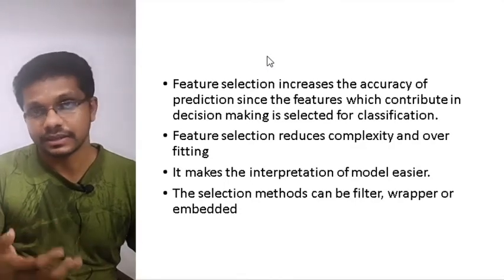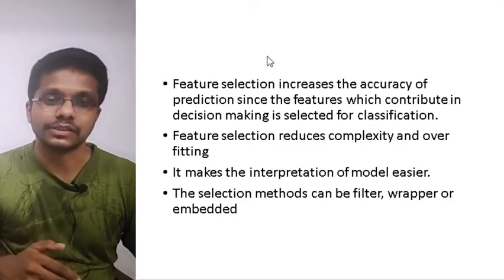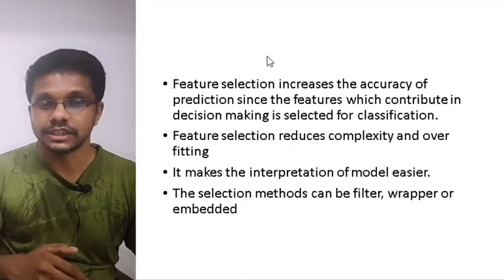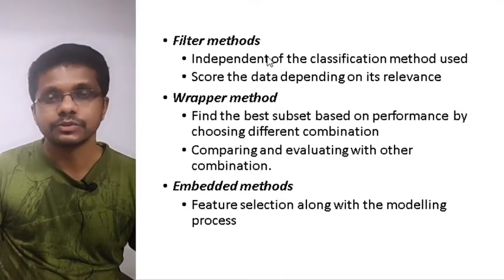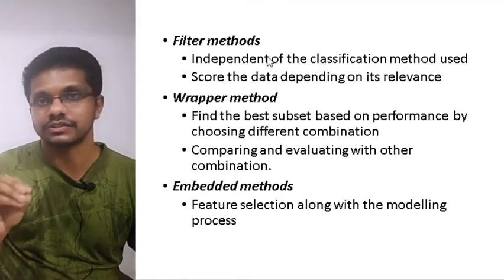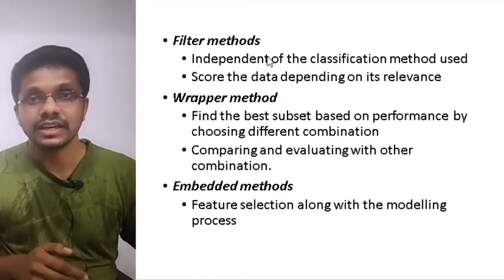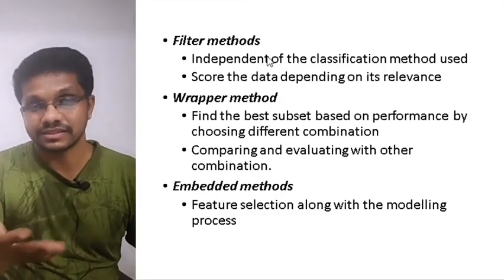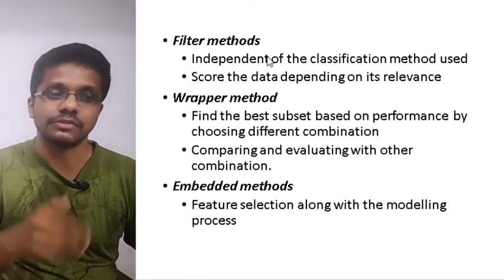It will make interpretation easier, and we can use different methods for selection of these features, which include filter, wrapper, and embedded methods. In the filter method, we give a score for each feature based on how much relevance it has. So that's how the filter method works.